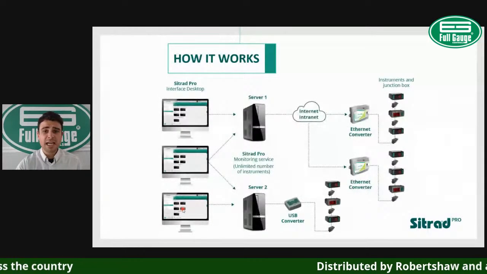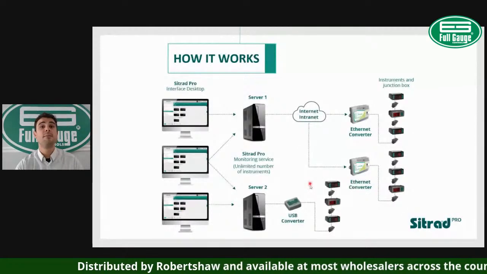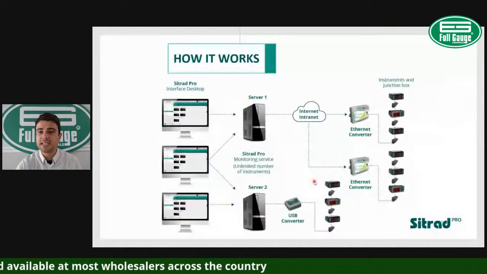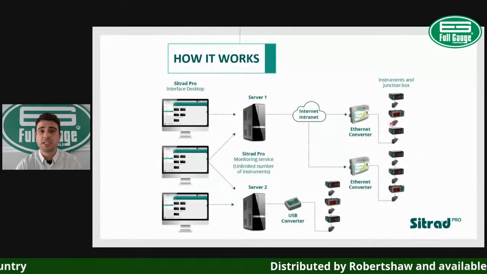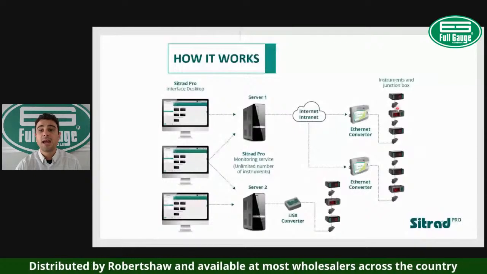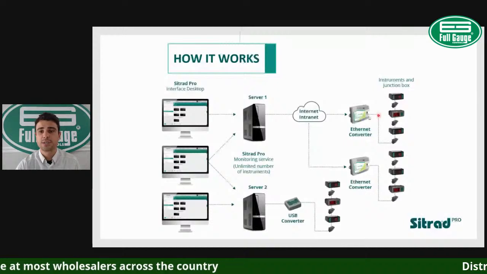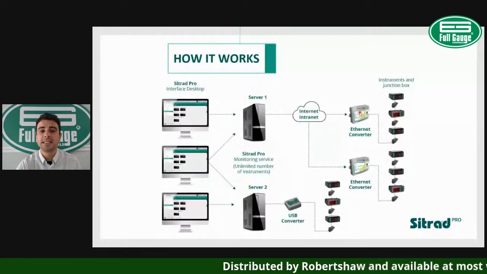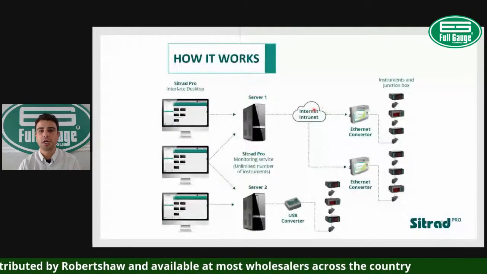Now, let's say we have a corporate network and we want to make use of that corporate network. So we have the TCP Wi-Fi converters. Again, three different controllers connected to the TCP Wi-Fi, and again, up to 32 controllers on any of those converters. And now the TCP Wi-Fi will be connected to the intranet, to that corporate network.